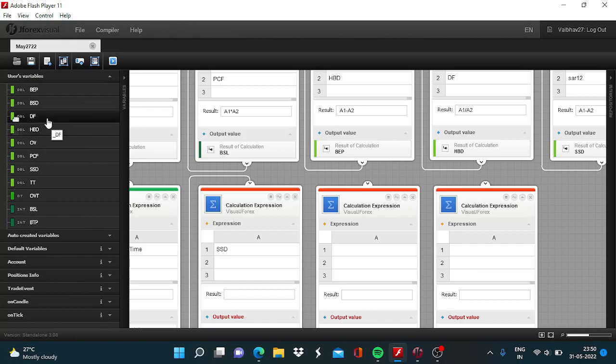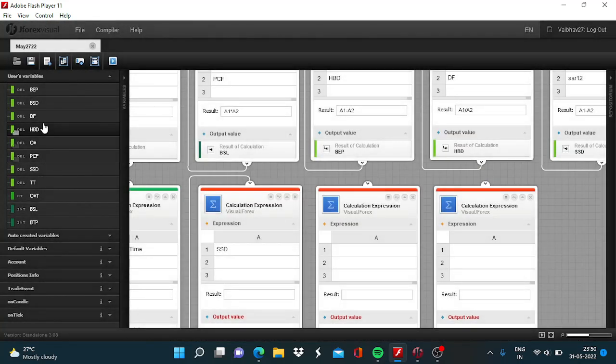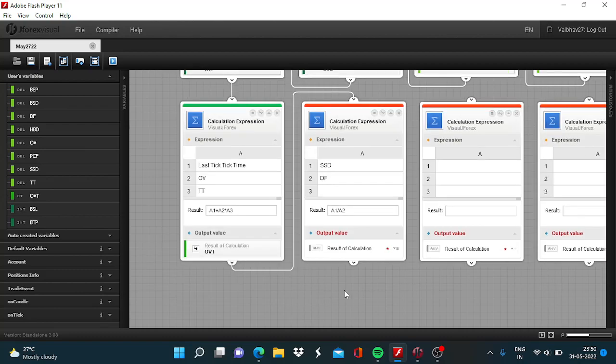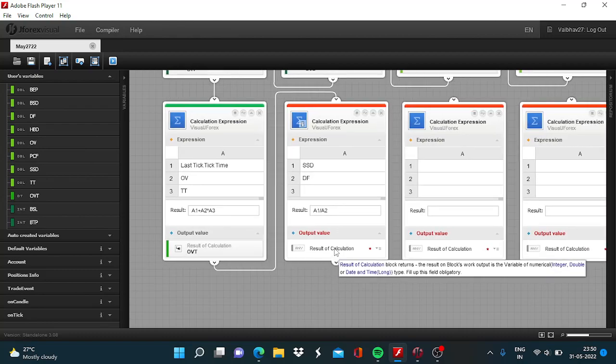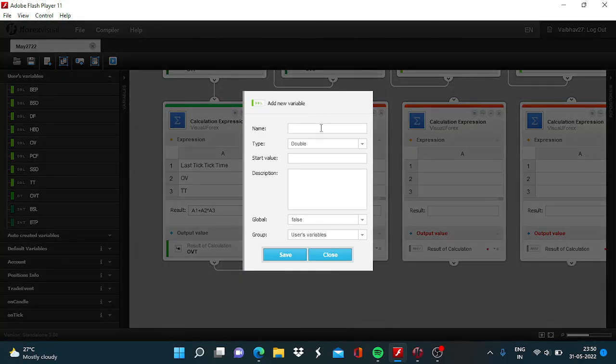Here you can see the df has a start value of 2, a1 divided by a2 as per Excel convention, and it will become half of sell side difference.